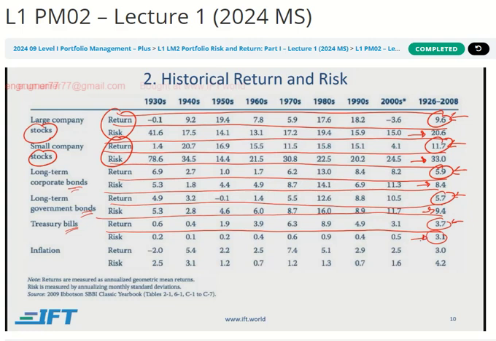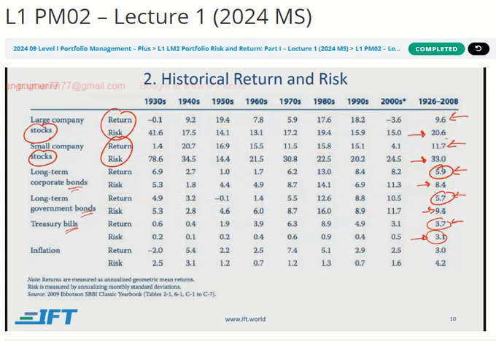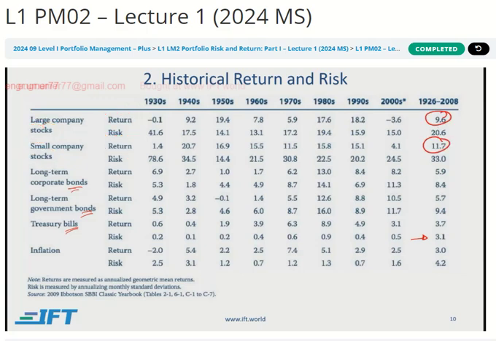And what is really interesting to see is, if you just focus on your stocks, right, and compare the returns of your large company stocks and your small company stocks, small company stocks are actually having a higher return and a higher risk as well, right?